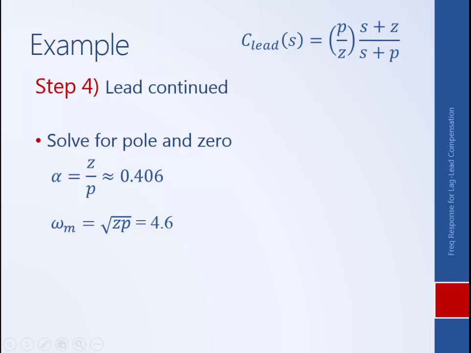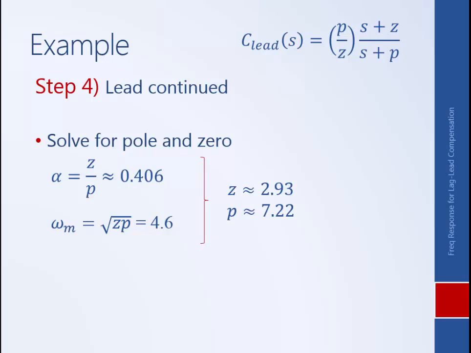The ratio of zero to pole is 0.406. The geometric mean of the pole and the zero, where we center the bump, is 4.6. We have two equations, two unknowns. We solve for those, we get our zero is approximately 2.93 and our pole is approximately 7.22.